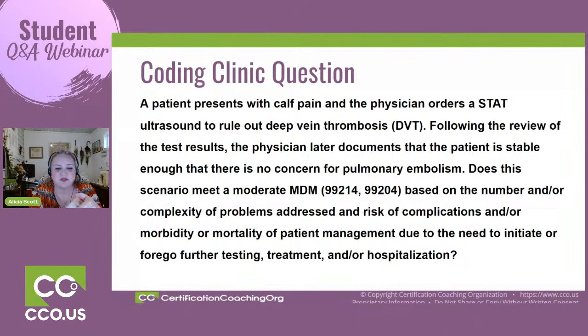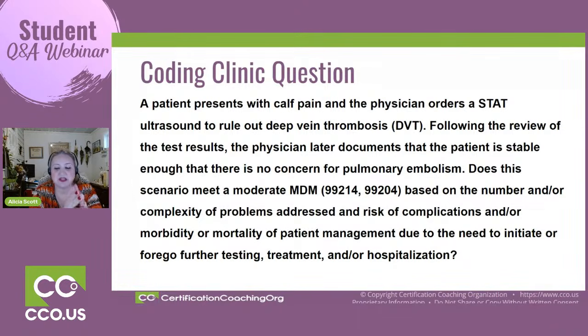Following review of the test results, the physician later documents that the patient is stable enough, so there's no concern of a pulmonary embolism. Does this scenario meet the MDM for moderate, a 99214 or 99204, established or new, based on the number and or complexity of problems addressed and the risk of complications and or morbidity or mortality of patient management due to the need to initiate or forego further testing, treatment, and or hospitalization?